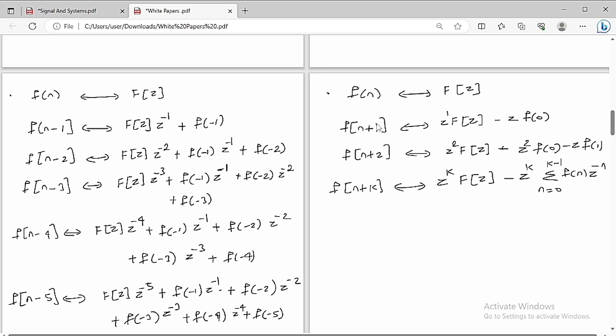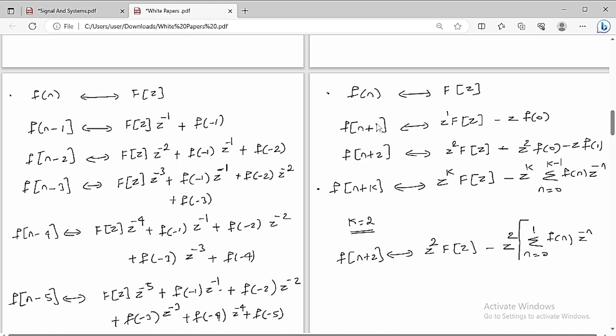So a small example, let me take this one. Suppose k is equal to 2, what is going to happen? We will see by applying this formula. For f of n plus 2, what is the unilateral Z transform? Z to the power of 2 into F of z minus z to the power of 2 into sigma n is equal to 0 to k minus 1, that is 2 minus 1, which is 1, of f of n into z to the power of minus n.